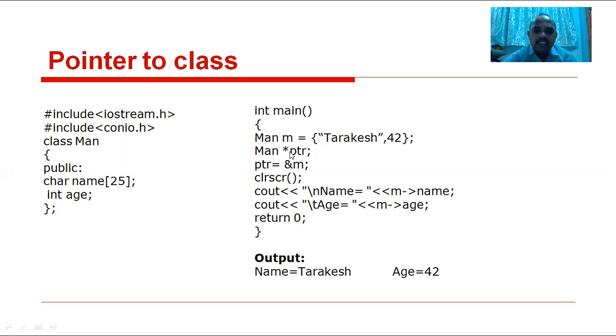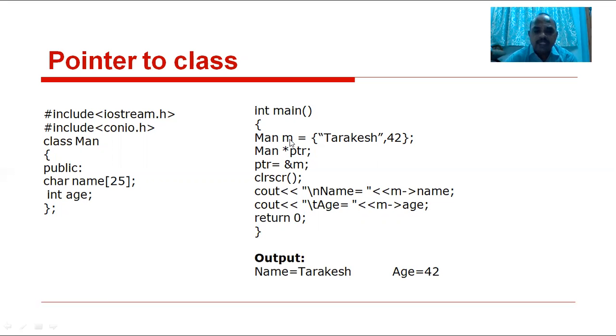Then man asterisk ptr. What is ptr? It is a pointer object. Here m is an object of the man class, and ptr is also an object of the man class.